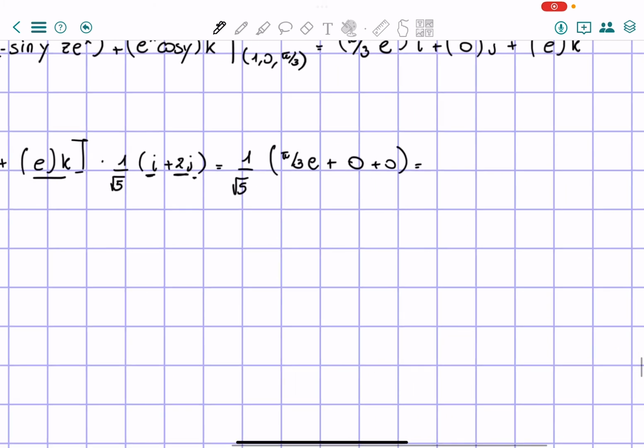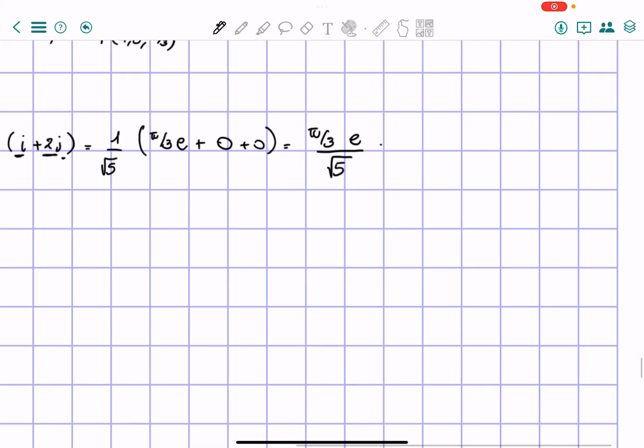So our final answer will be pi over 3 e over square root of 5. That is our final answer. Now we can write it a little bit better, of course. We can write it as pi e over 3 times square root of 5, and this is our final answer.